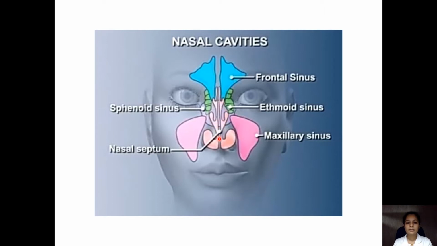Lateral to these turbinates are spaces called meatuses, respectively known as inferior meatus, middle meatus, and superior meatus. There are pneumatized portions of the bones known as paranasal sinuses, known as maxillary sinus, frontal sinus, anterior and posterior group of ethmoid sinus, and most posteriorly there is a sphenoid sinus.